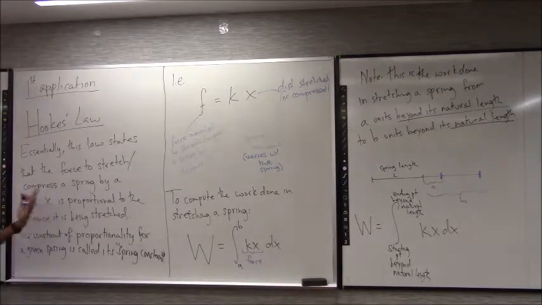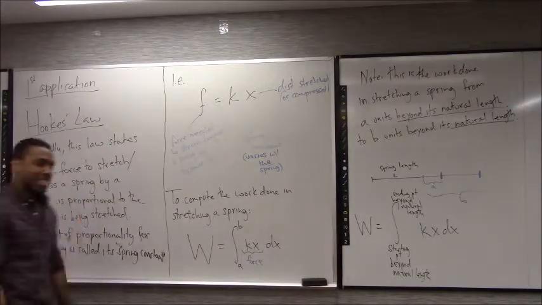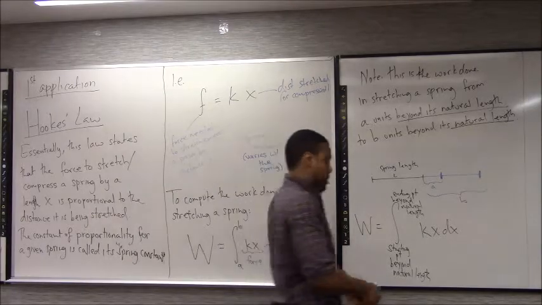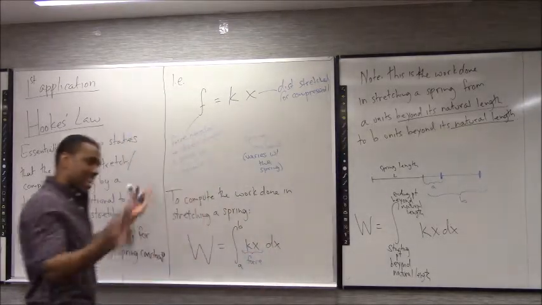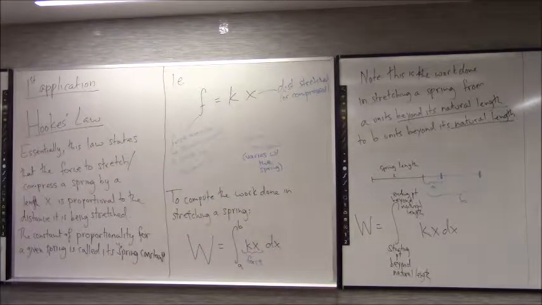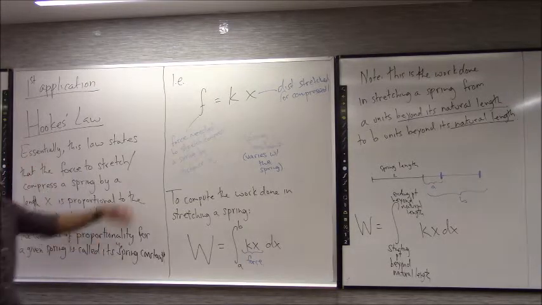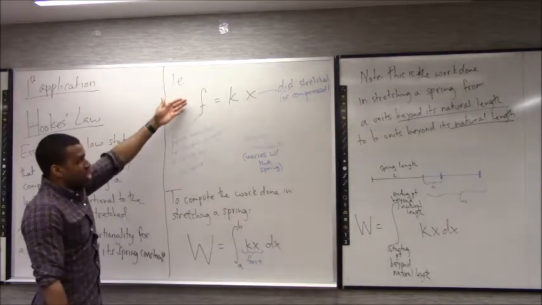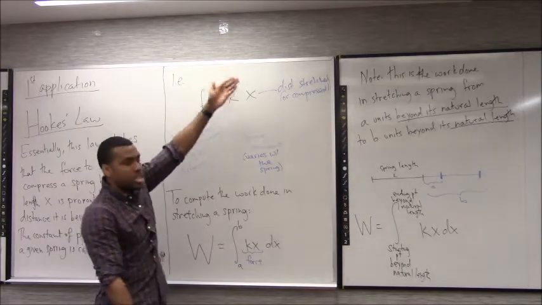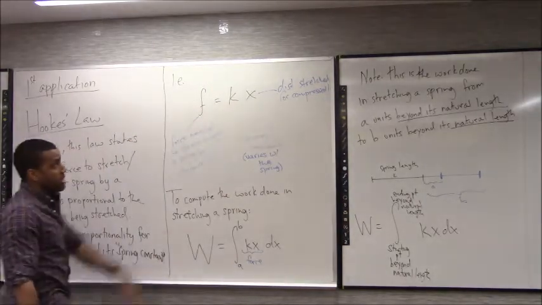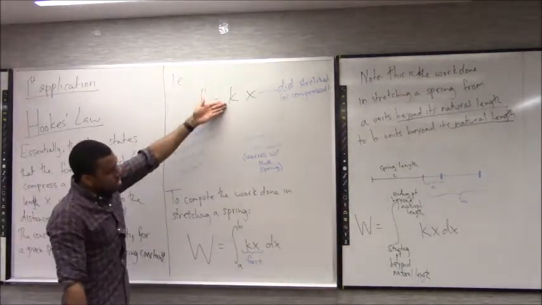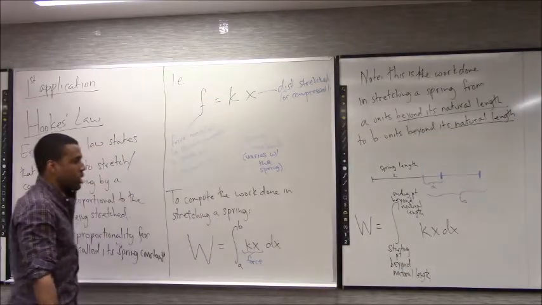Now there's a lot of explanation that went into that, but these are the easiest word problems to actually do. Once you get the idea in your head, it's easy to apply, right? So Hooke's law states this: the force needed to stretch or compress a spring is proportional to the distance you've already stretched it, and this constant of proportionality varies by spring. It's called the spring constant.